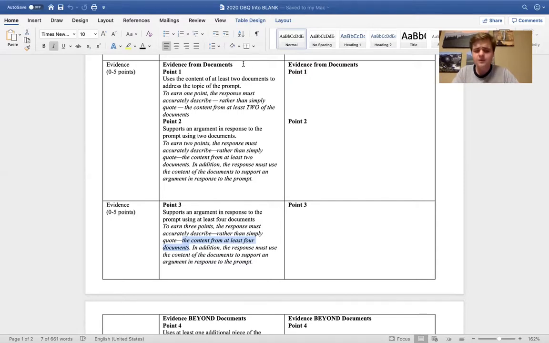So the content of the documents, this is the second part here, you have to use it in response to the prompt. So if it's asking about the causes of the Civil War, for example, and that's the theme I'm running with in my example, if there's a speech from maybe an abolitionist senator, maybe a speech from Thaddeus Stevens, arguing that slavery is a humanitarian scourge on the country, then you could say that a cause of the Civil War was slavery.